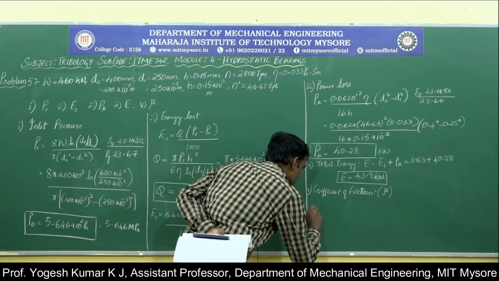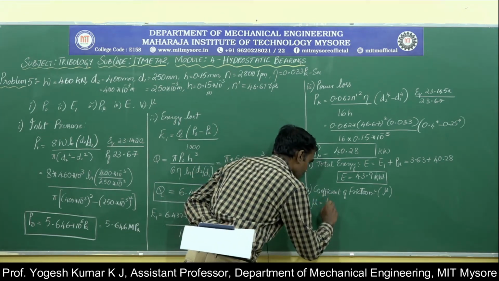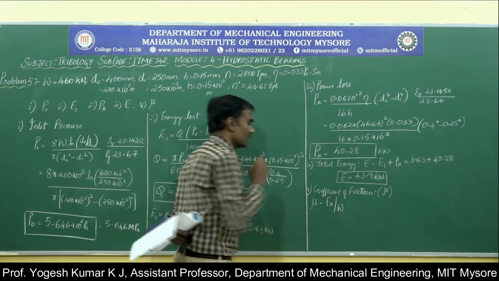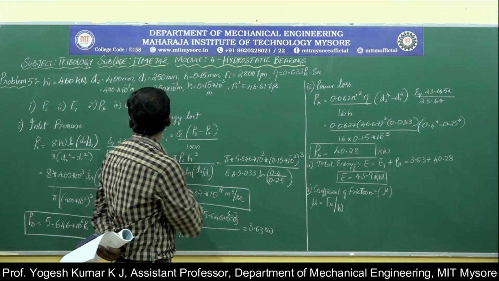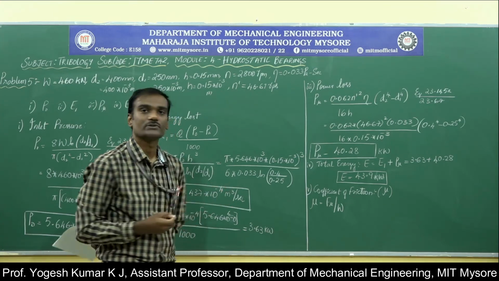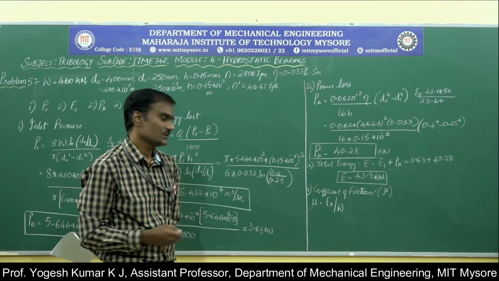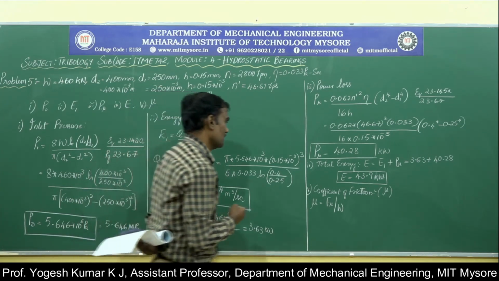We know from the first module itself, mu, coefficient of friction, equals frictional force divided by the normal load. We know the load acting on the thrust bearing, which is 460 kilonewton. But what is the frictional force? What is the force that is acting because of friction? So we need to come up with that force due to friction.